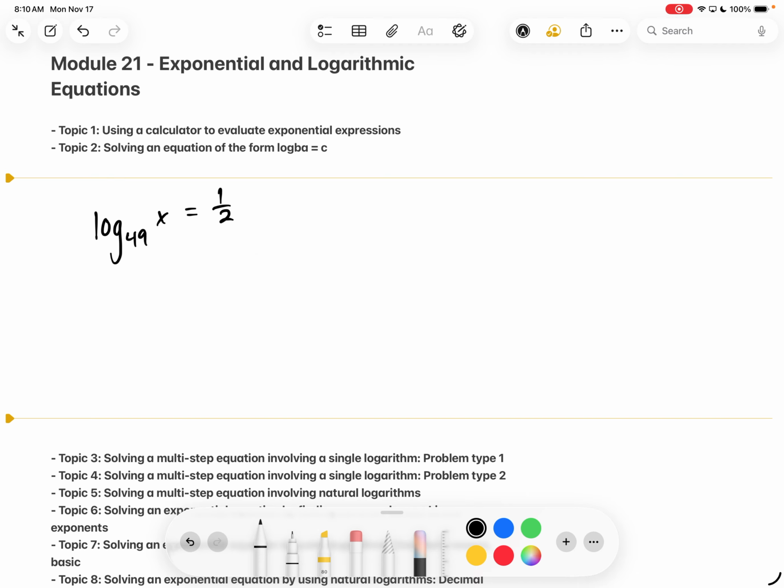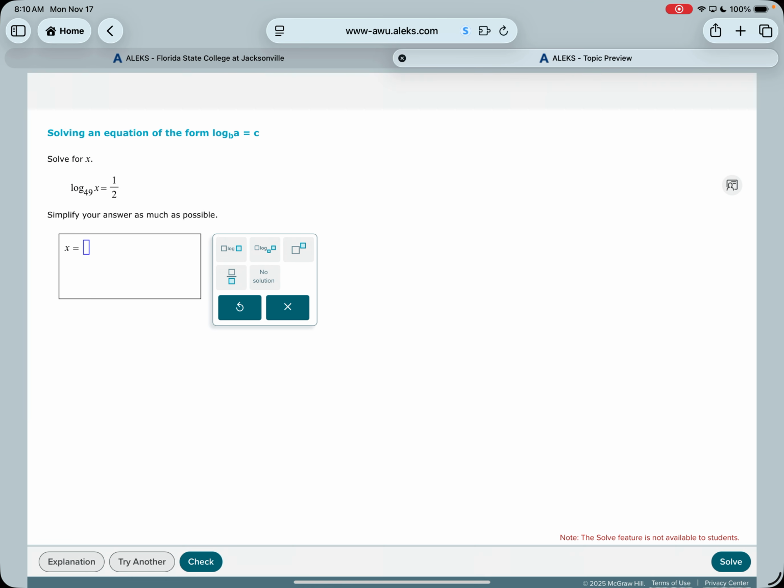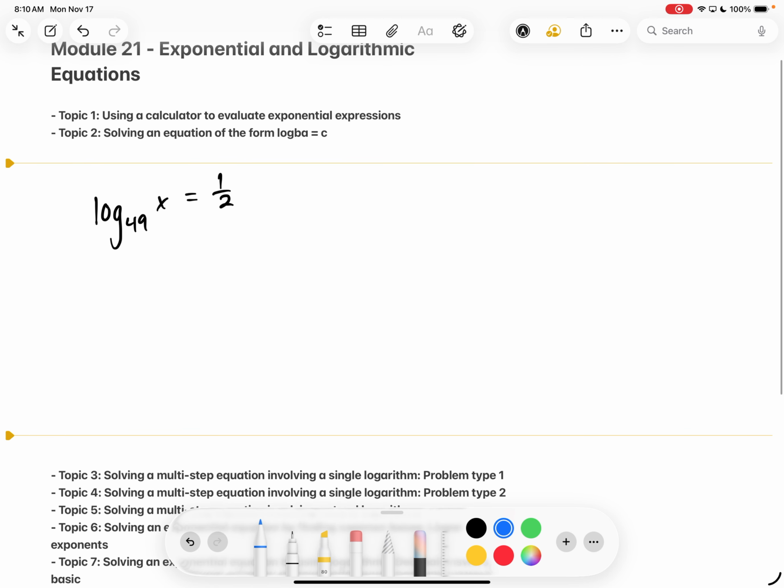We got a hard one to start, but that's fine. You may realize what the logarithm is doing, but what you want to do here is always change it back to exponential, because that's going to make more sense in our head.